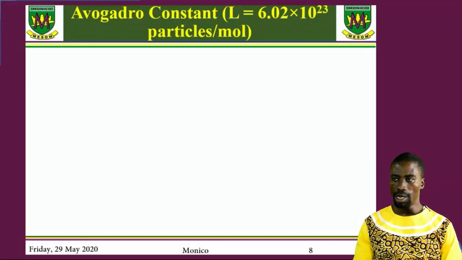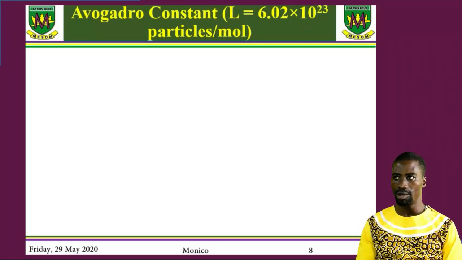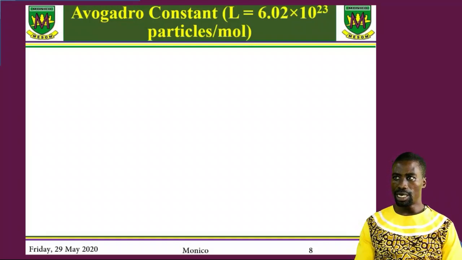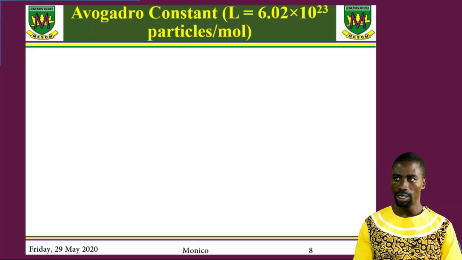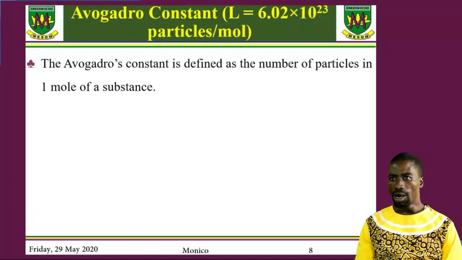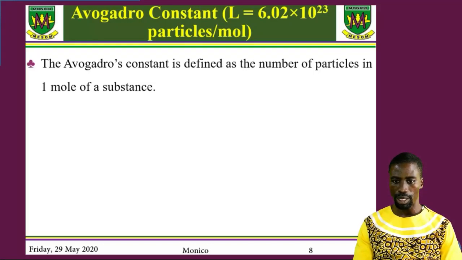Right. Now let's look at the Avogadro's constant, or Avogadro's number, which is represented by the symbol L, and it represents 6.02 times 10 to the power 23 particles in 1 mole. As I mentioned earlier, Avogadro's constant is defined as the number of particles in 1 mole of a substance.